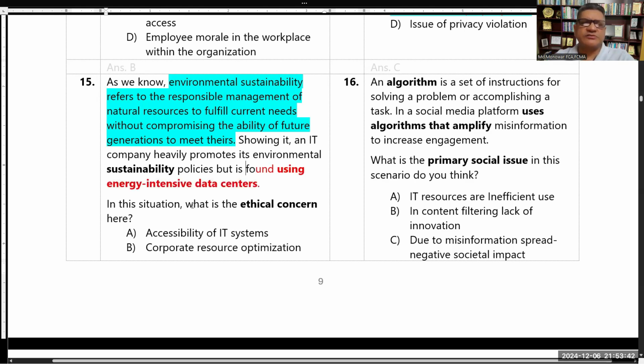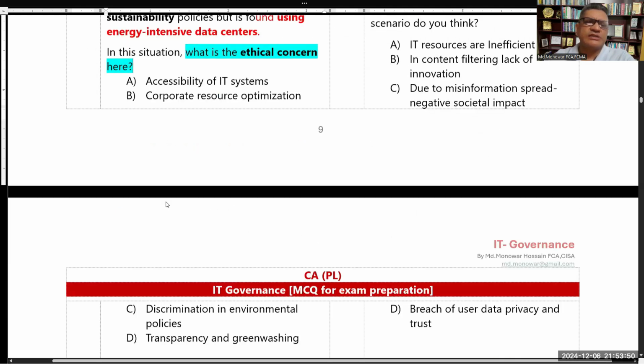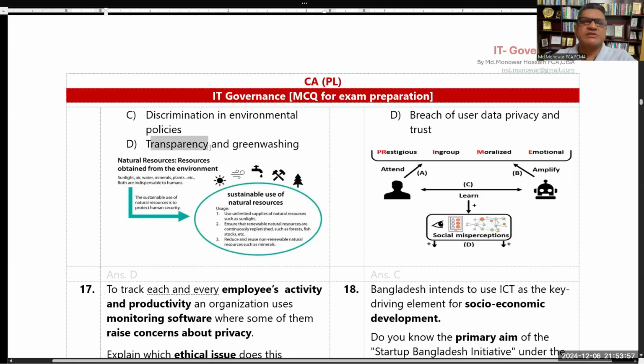In this situation, what is the ethical concern? The ethical concern here is transparency and greenwashing. Natural resources are obtained from the environment, and sustainable use of natural resources is needed. So the answer is transparency and greenwashing.